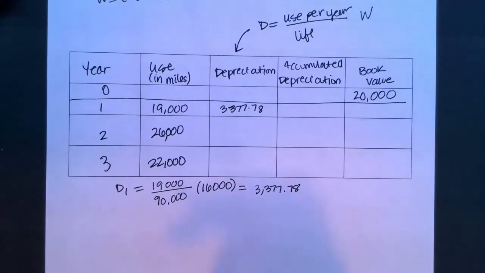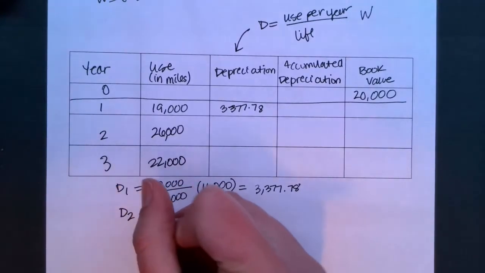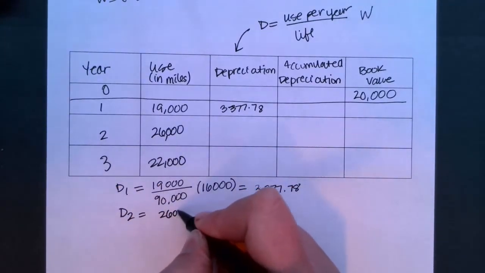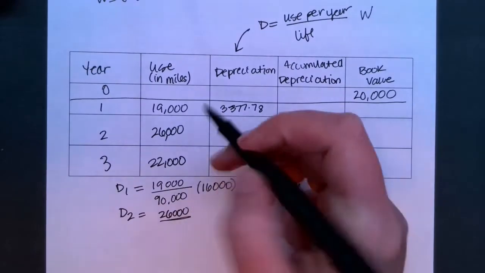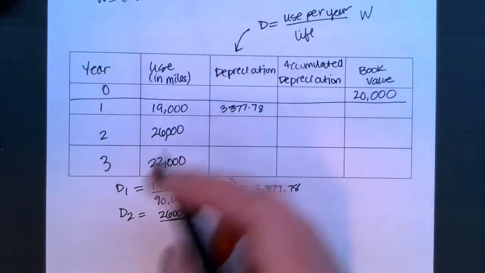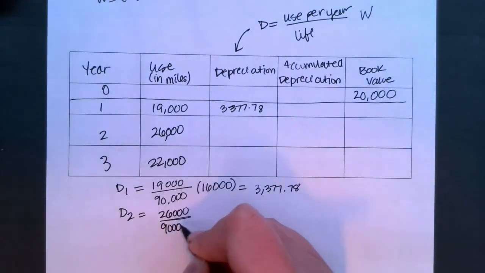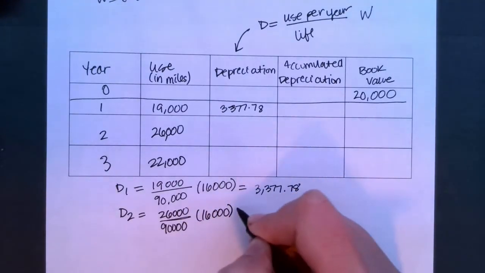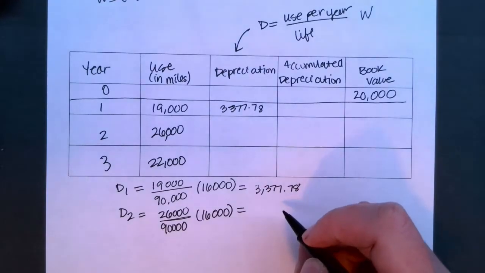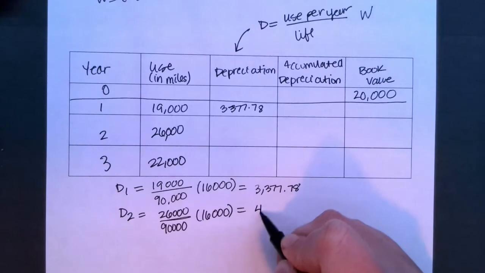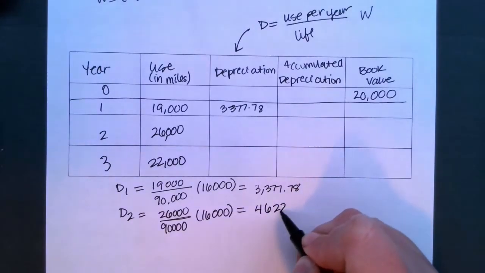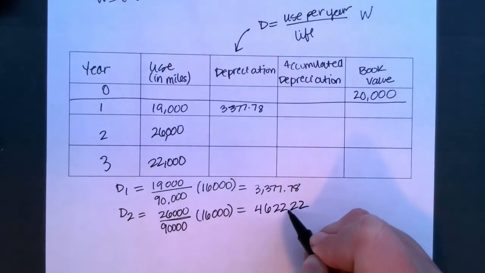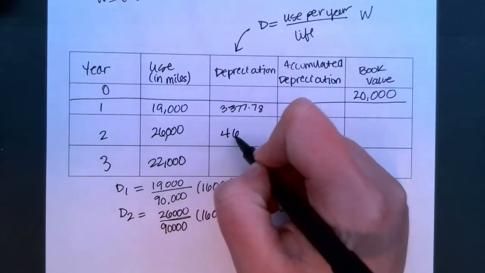Now when we do D2, it has a very similar idea. Here we have 26,000 because that's the use in miles over our 90,000. Again, we're going to multiply that by our 16,000. This time we get $4,622.22. Just pop that up here.